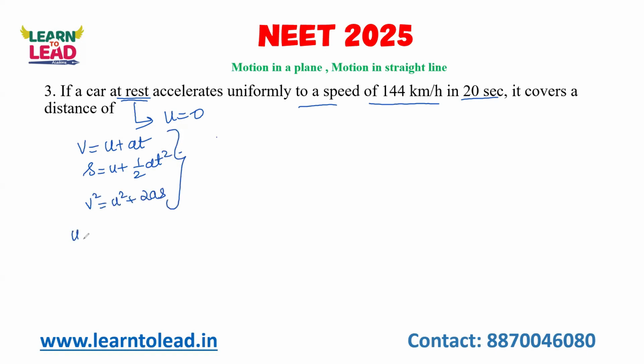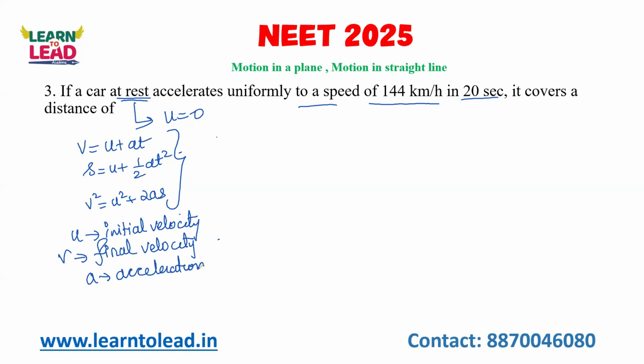Here u stands for initial velocity and v for final velocity. a denotes acceleration and t denotes time. s is for distance.